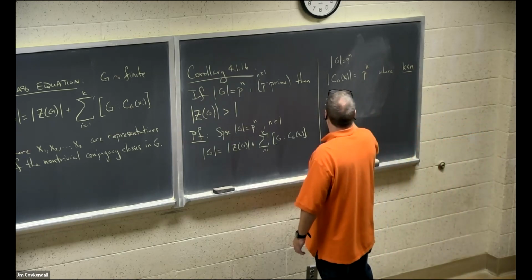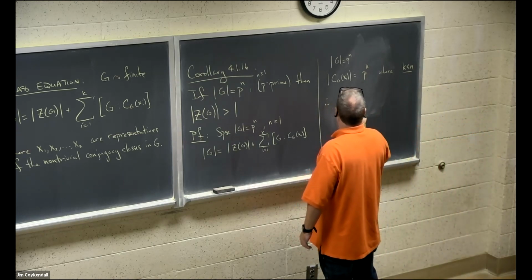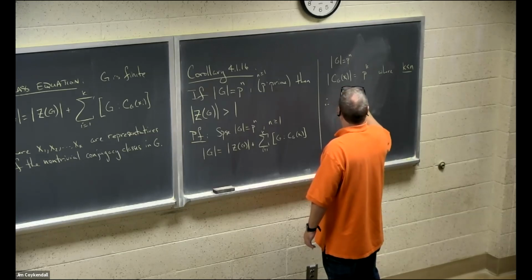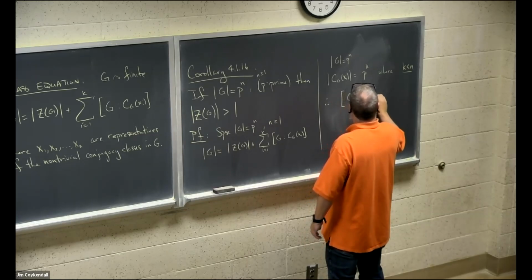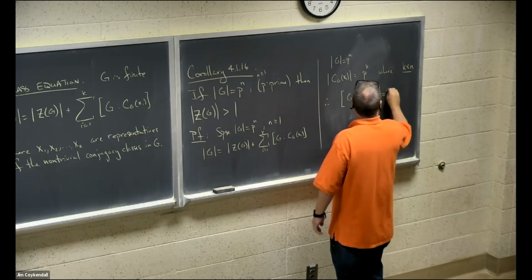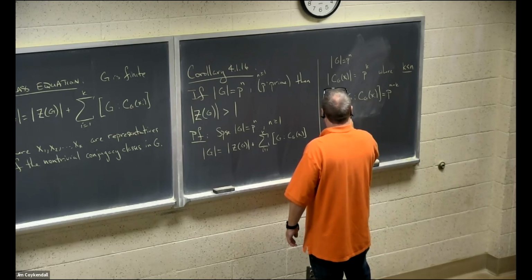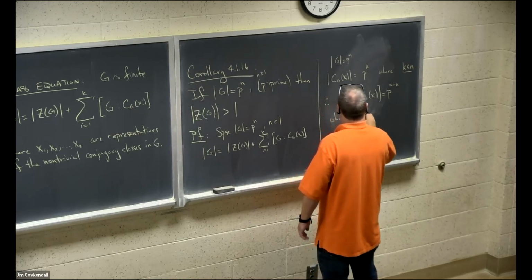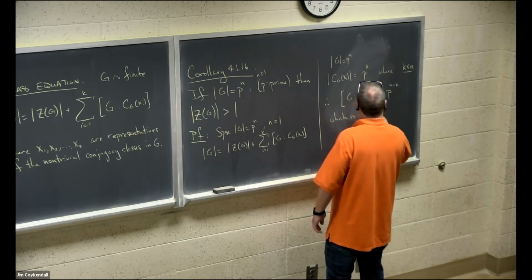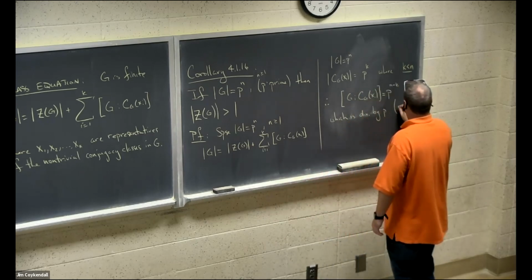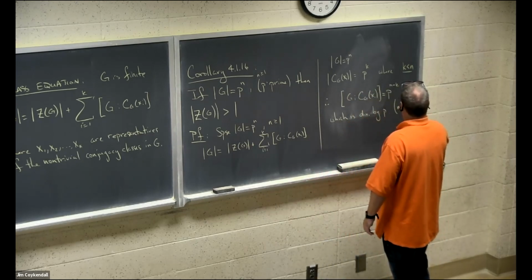Therefore, the order, or I'm sorry, the index here, is P to the N minus K, which is divisible by P, because N minus K is greater than 0.